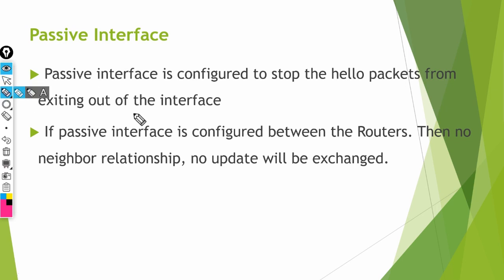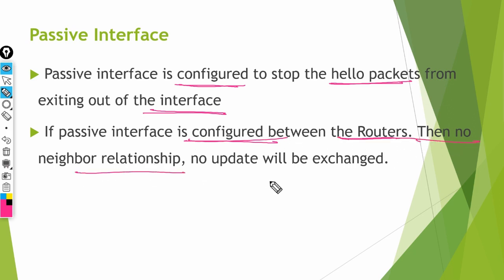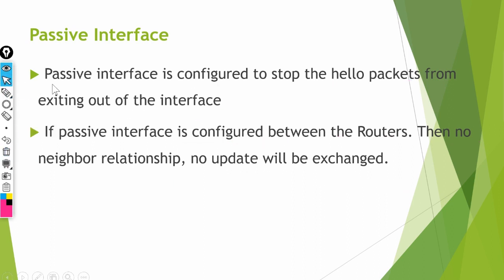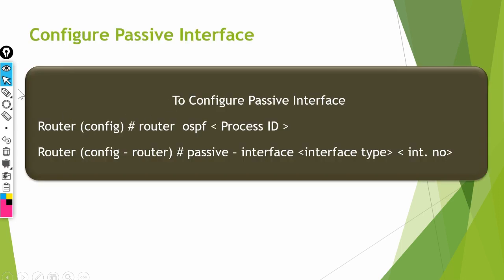Just read this. As we discussed, passive interface is configured to stop the hello packet from exiting out of the interface. If passive interface is configured between the routers, then no neighborship and no updates will be exchanged, meaning no communication, of course. As for how you can configure it, as I discussed already, this is the process.